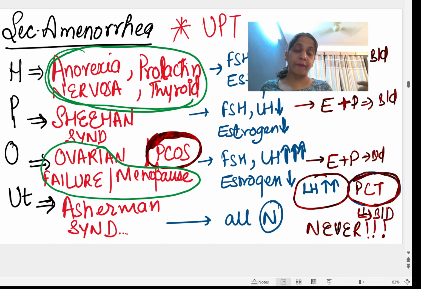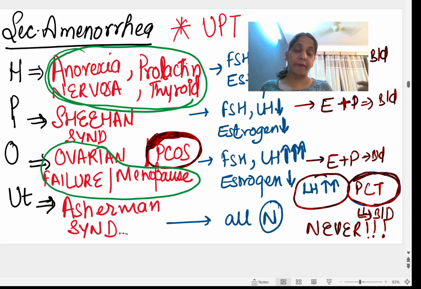Now what happens with copper T, this is a very important question. What happens when the copper T thread is not being felt? In that condition there can be three conditions. Number one is that the copper T has been expelled, okay, then we have to do nothing. Now the other two conditions: if we are not finding the thread, then we get a TVS or ultrasound done.